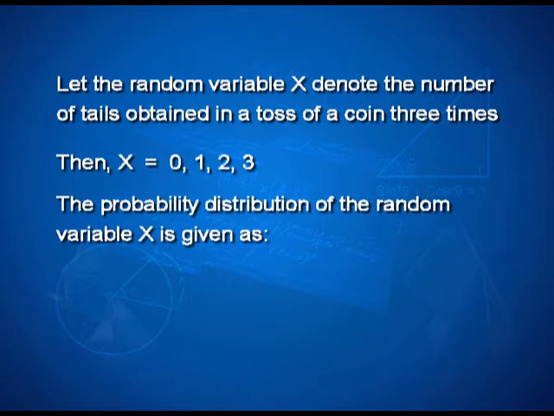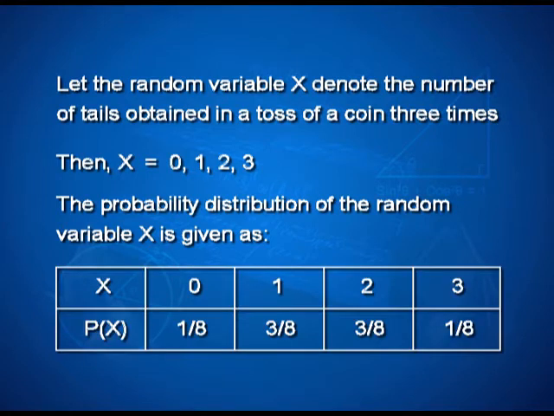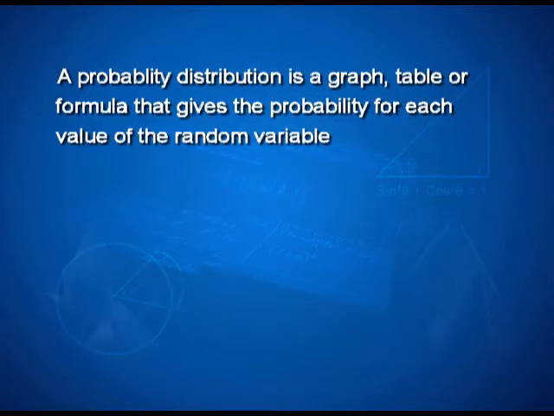If I put this together in a tabular form, I get what is called the probability distribution of the random variable x. So, probability distribution is nothing but a representation of this information in terms of graph, table or formula.